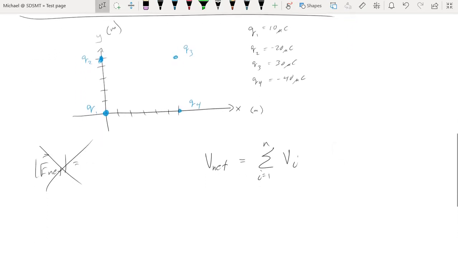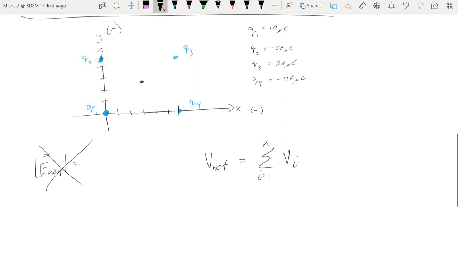The last question that we need to pose to ourselves is, where do we want to measure the net potential for this system? I guess a nice spot might be right in the middle of that rectangular distribution of charges. I mean, we can ask for any point, it doesn't really matter.